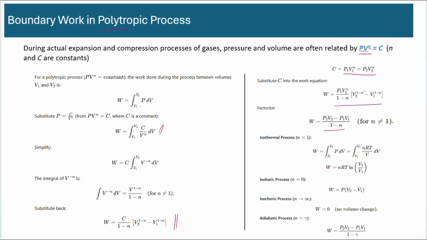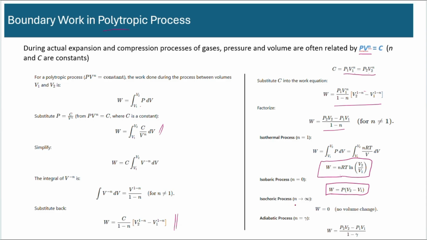Now choose the n for the different processes that you looked at here. If you choose n equal to 1 for isothermal, then the work done during either expansion or compression for an isothermal process can be calculated using this equation between the initial and final volumes. For isobaric processes, it is nothing but P times final volume minus initial volume.